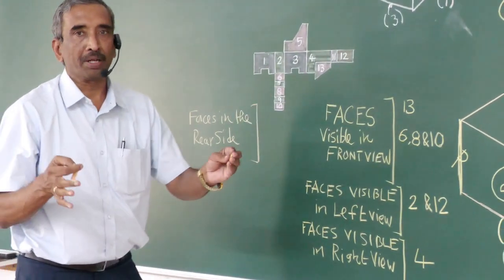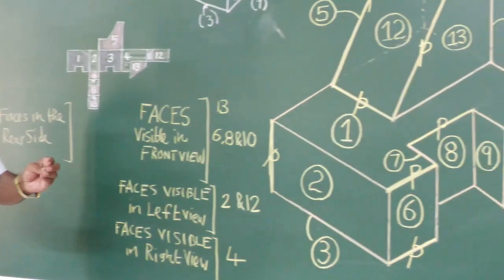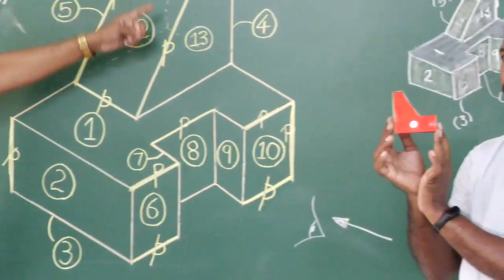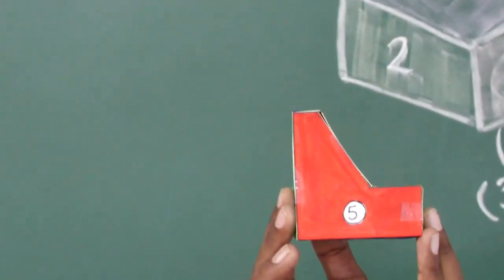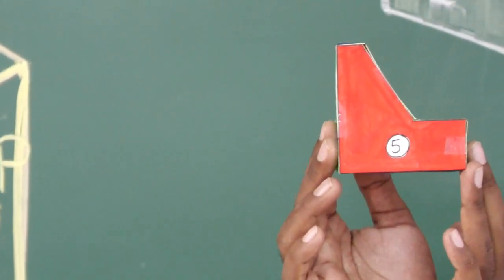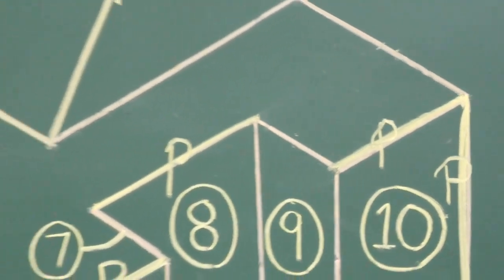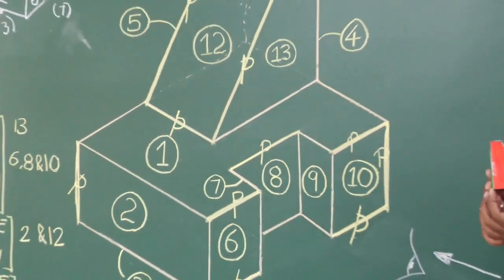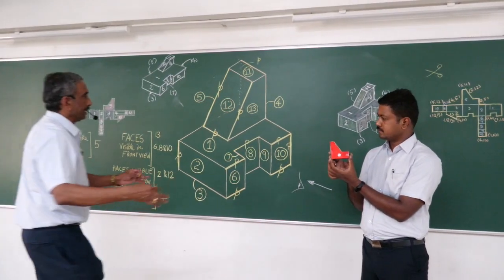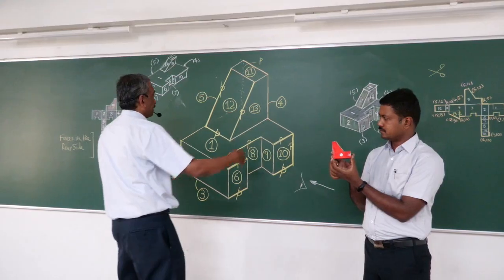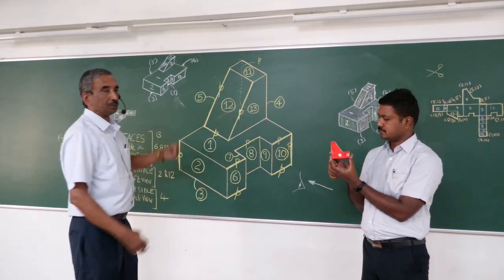Naveen Ganesh has taken the model now, and you can see the rear side. You can see the face 5. Am I right, sir? Yes, sir. Only one face we can see, that is face 5. So we have seen front, left, right, rear also.